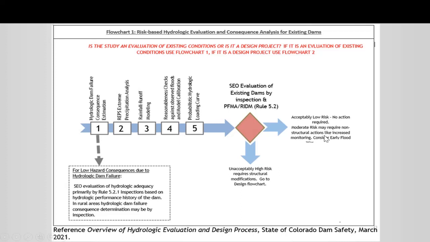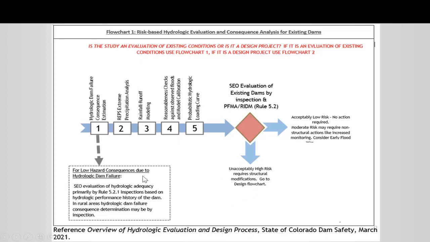If it's kind of moderate risk, there may be some non-structural improvements that an owner can make, an early flood warning system or emergency action plan planning type of things to lower consequences. But if the risk is unacceptably high by industry standards, then we'd be looking at structural improvements to the dam, and that would take us to Flowchart 2, design standards.